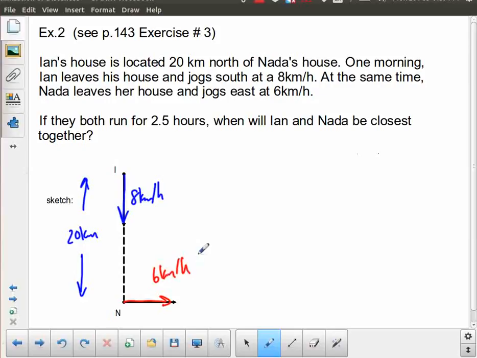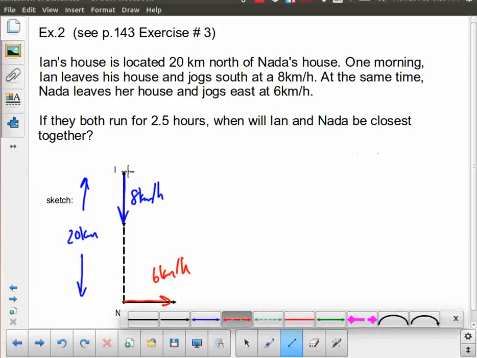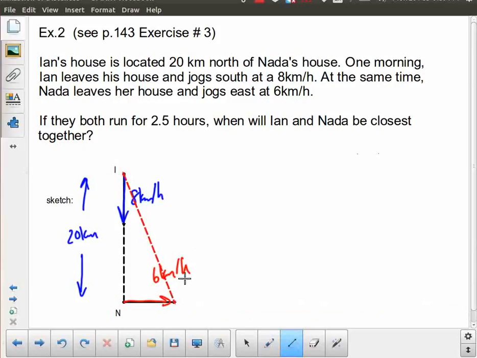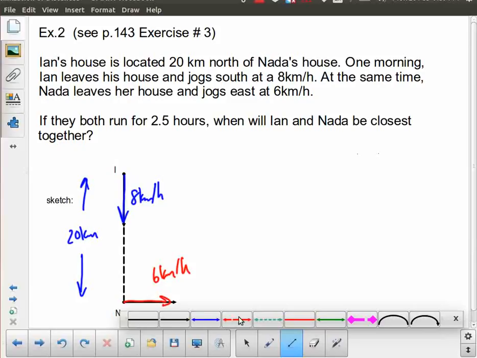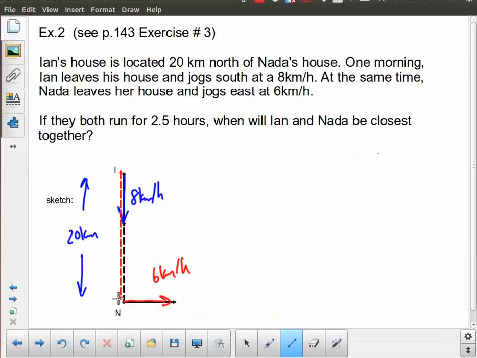So the question is, for example, right now, if we were to draw the distance between them, it would be here. It would be 20 kilometers.